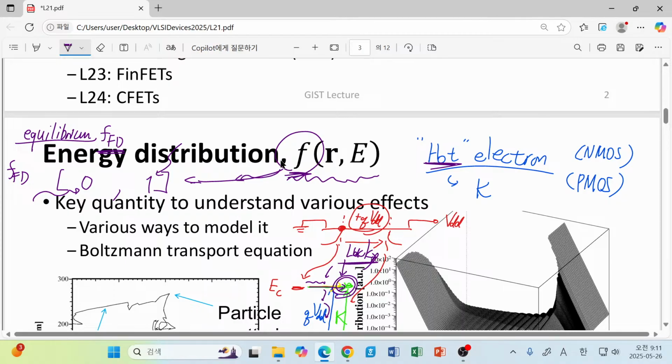For example, let's say that we apply VDD to our drain. So current is flowing. Can we define the Fermi-Dirac distribution function over our device? It's not possible. However, if we generalize this concept, then we can define a distribution function, which is typically a function of position, so real space, and energy.